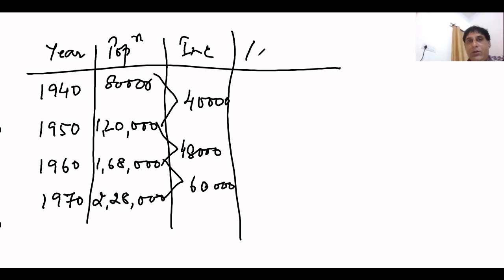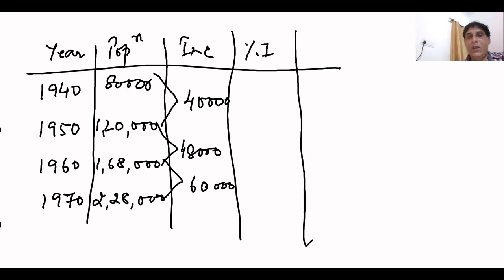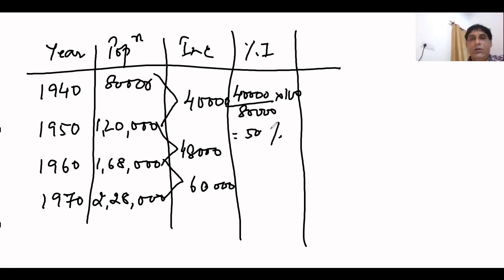Now, what about the percentage increase? It will be 40,000 divided by 80,000 into 100, which will come out to 50%, right? Then for this case, it will come out to 40%. And for this particular case, let us say it works out to 35%.